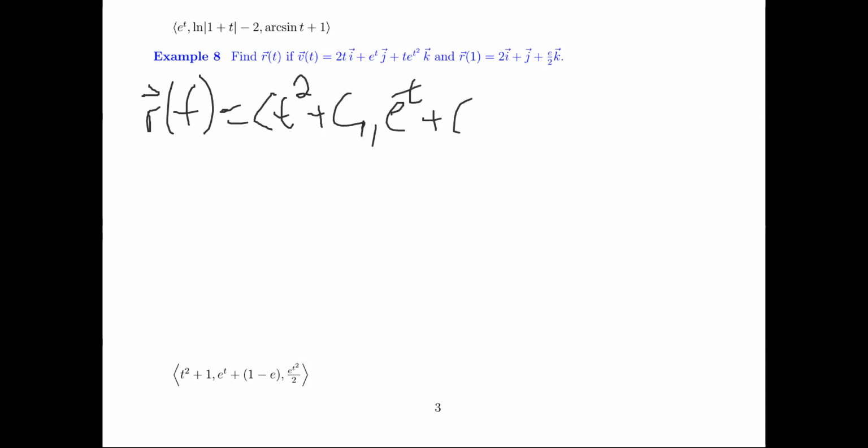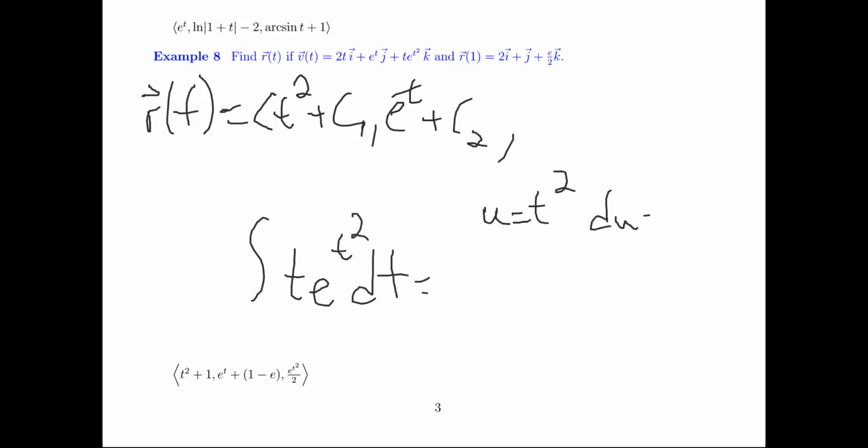Again, these constants are different. And then what is the integral of t e to the t squared dt? Make our u substitution. u is equal to t squared. du is equal to 2t dt.